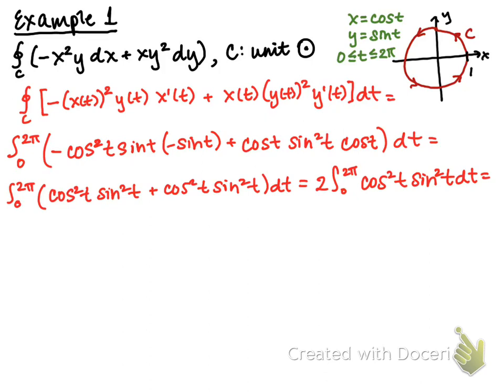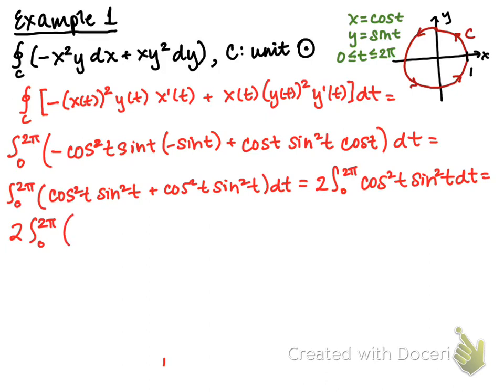Okay, so what are we going to do here? I think the easiest thing to do would be to use the sine double argument property.